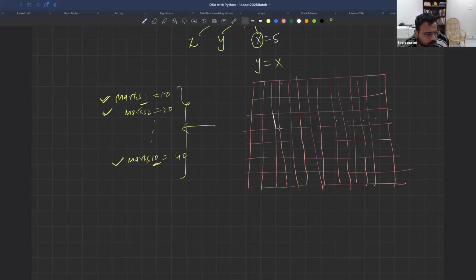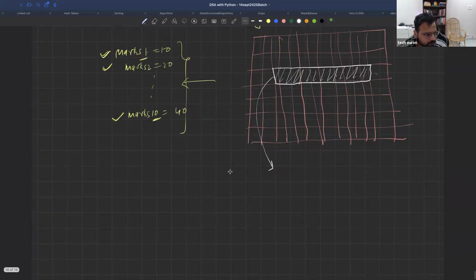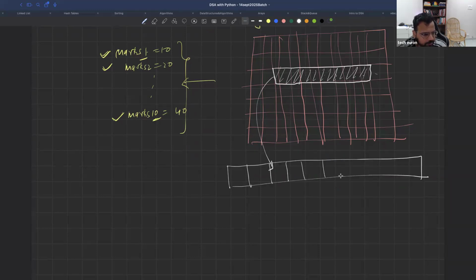We'll say 1, 2, 3, 4, 5, 6, 7, 8, 9, 10. However much it is, just count it. This much memory location we will store, so this is what we have rented. If we take out all the memory locations, it will look like this: 1, 2, 3, 4, 5, 6, 7, 8, 9, 10.